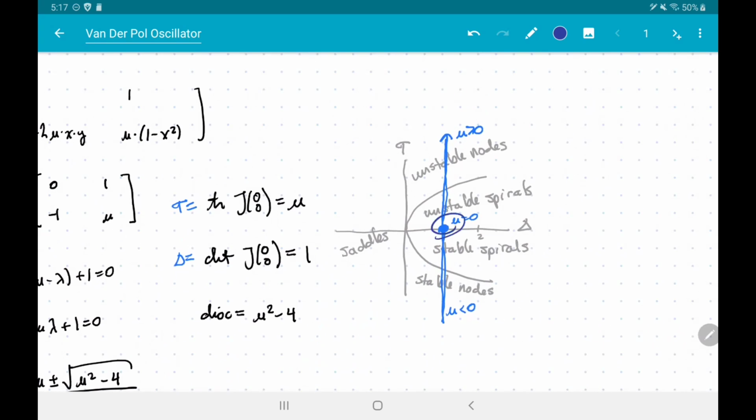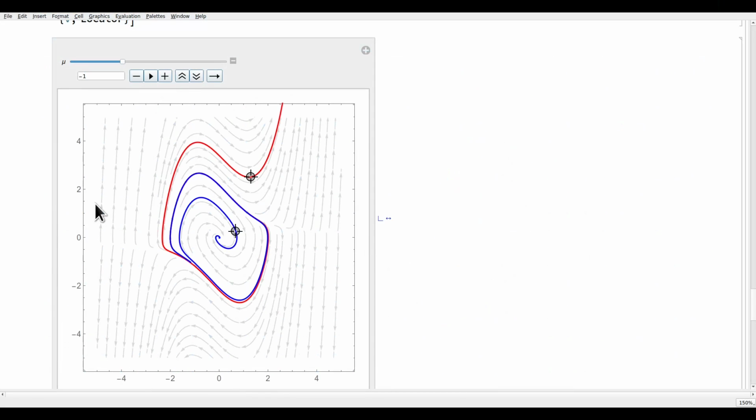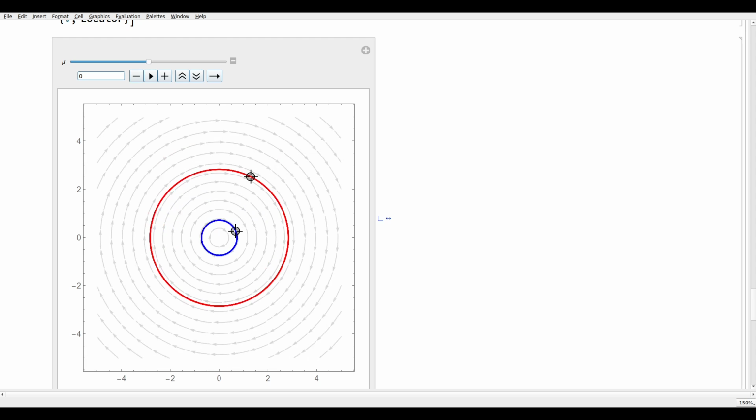If mu equals 0, then we should be able to see a center, because the dynamics reduce actually to the linear system that is just the harmonic oscillator. So let me set mu up to be 0. And sure enough, there you can see that the solutions are all perfect circles.